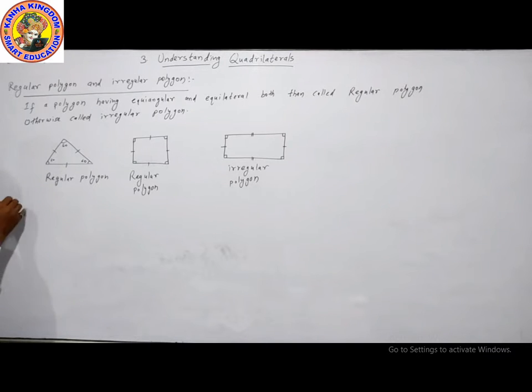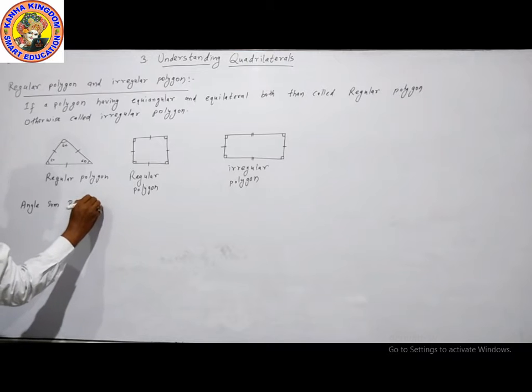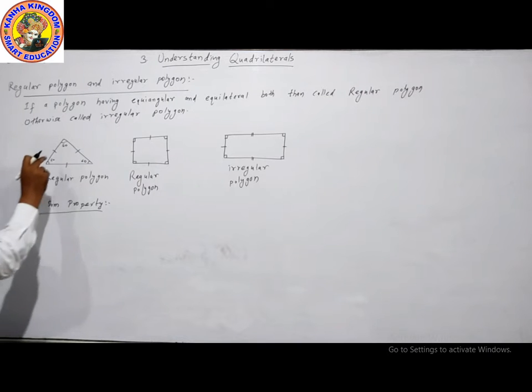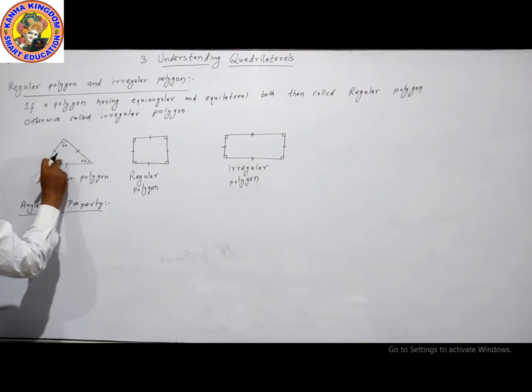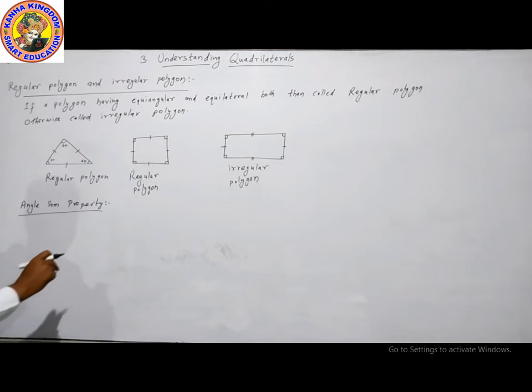Next is the angle sum property. The sum of interior angles in a triangle is 180 degrees.